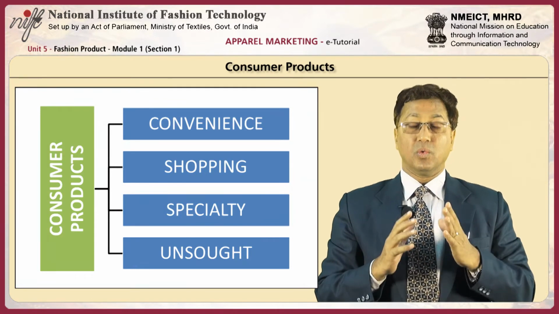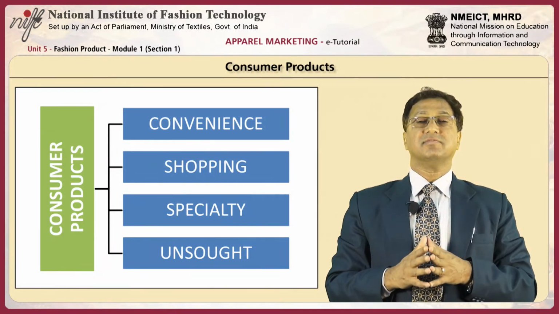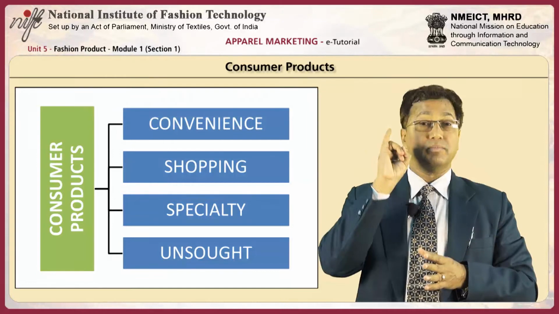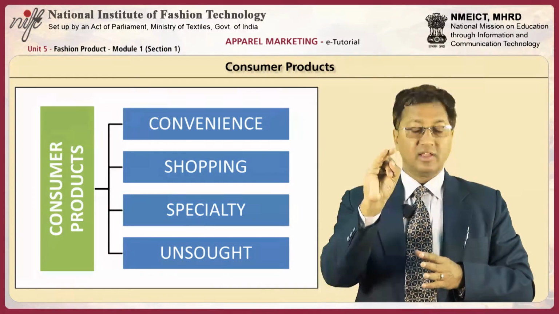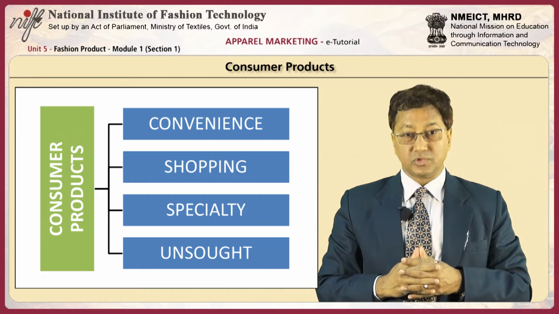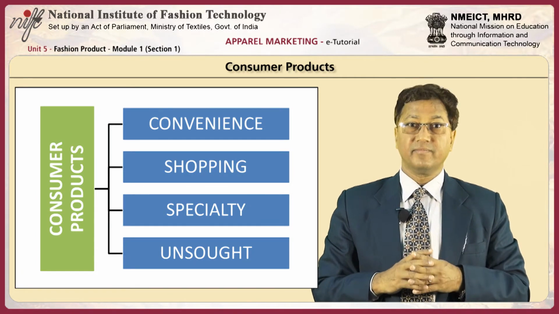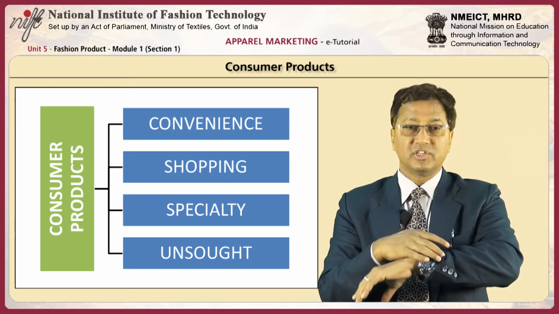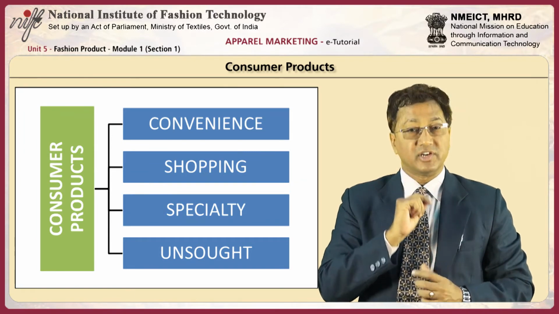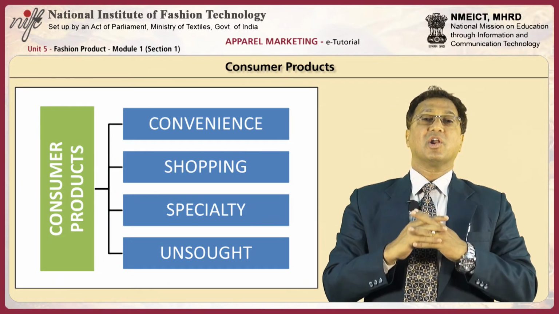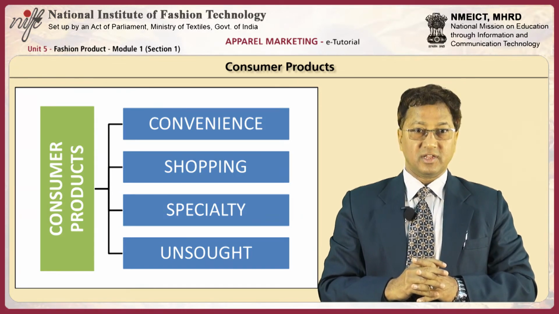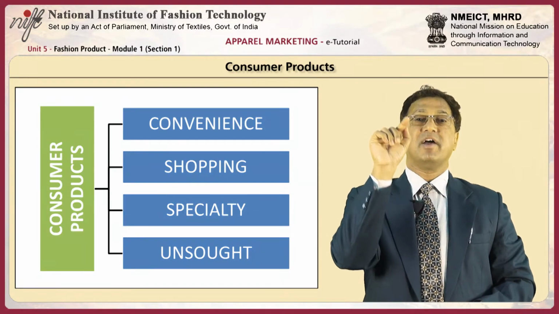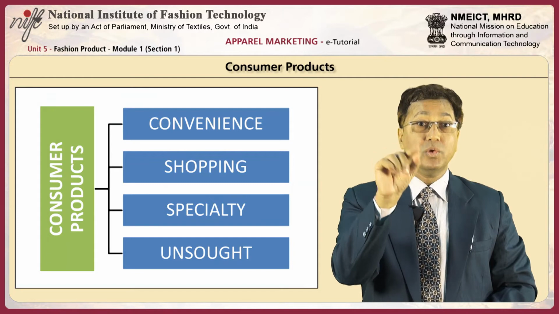These are goods and services produced for the end user for personal, family or household use. For example, fashion apparel, wrist watches, refrigerators, etc. are consumer products only if bought for personal, family or household use.